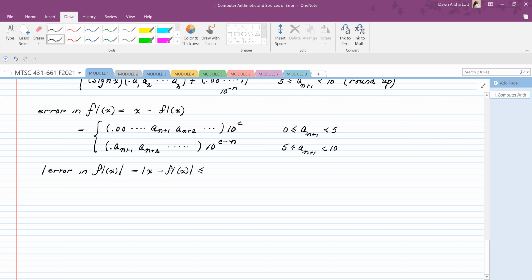This is less than or equal to 1/2 10 to the e minus n, okay? And so there's actually a proof in the book for general beta. General beta, I don't believe I said general B.